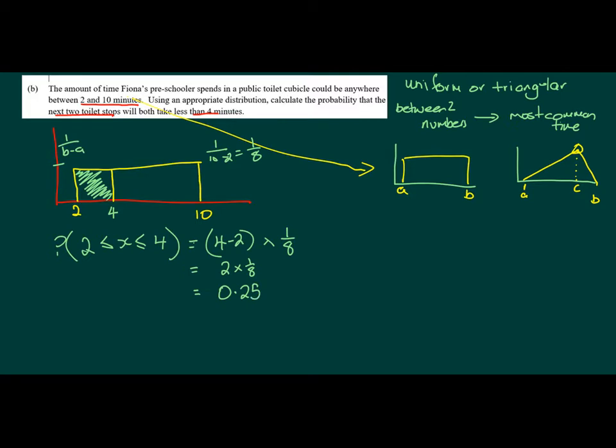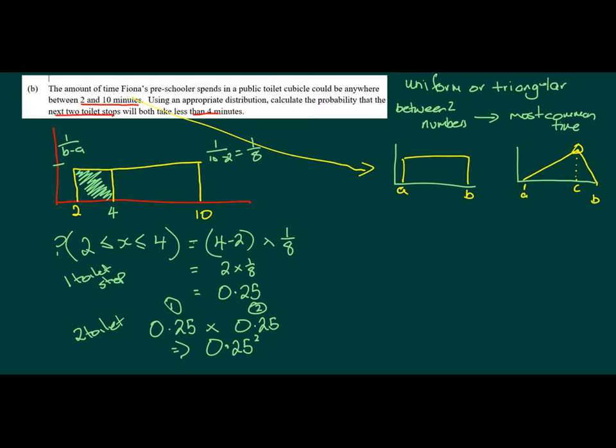Now the second part is it's saying the next 2 toilet stops. So that's the probability of 1 toilet stop, what you've just found there. To find 2 toilet stops, we've got to do that all over again. So we've essentially got 0.25, that's your first toilet stop, times 0.25, which is your second toilet stop, which is of course the same as 0.25 squared.